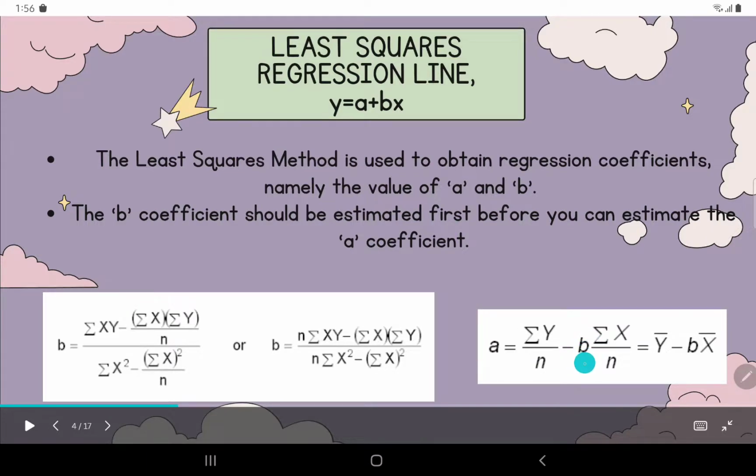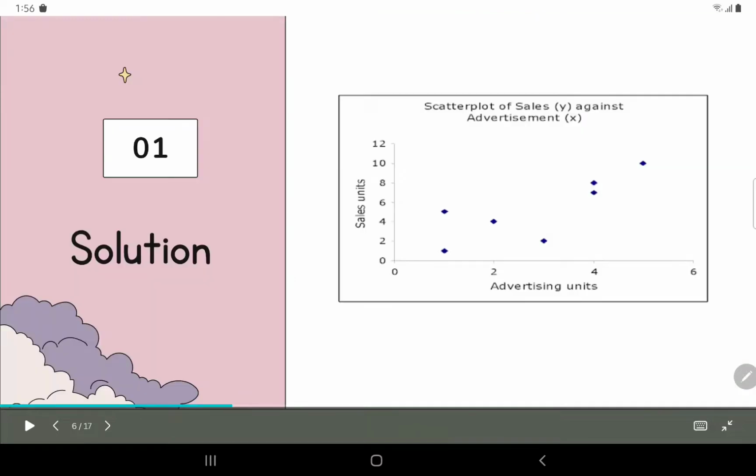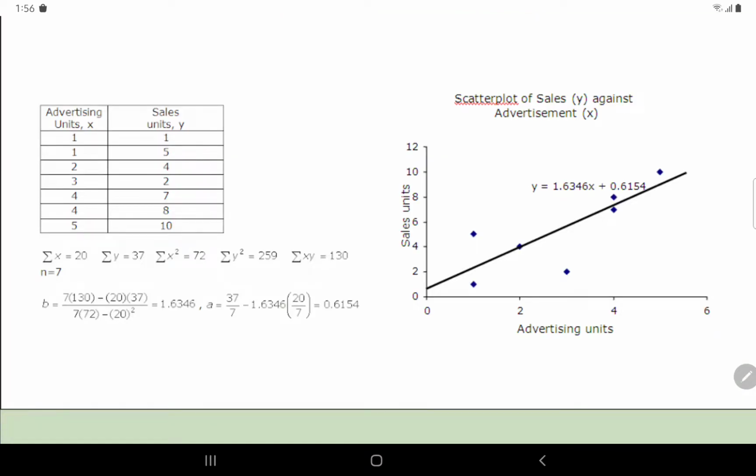That's why we need to find the value of b first before finding the value of a, because we need to insert the value of b in this formula. Minus b, times total of x divided by n. So that's how we apply the formula for finding a.